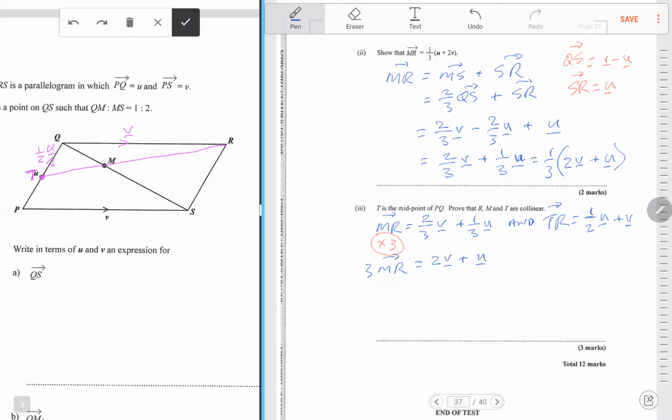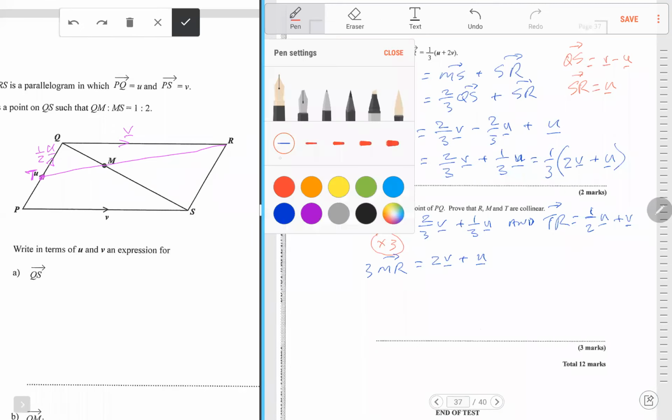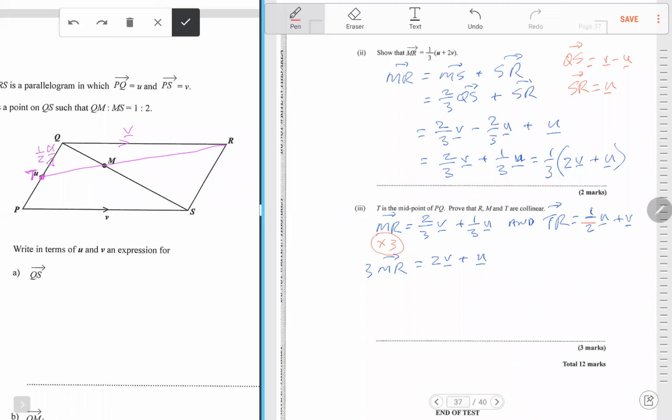Right, so multiply that one by 3, we get rid of the fractions. And then this one over here, to get rid of the fractions, we multiply it by 2. Fraction gone. The reason I want to get rid of the fractions is because they make it more difficult to see the relationship between the vectors.